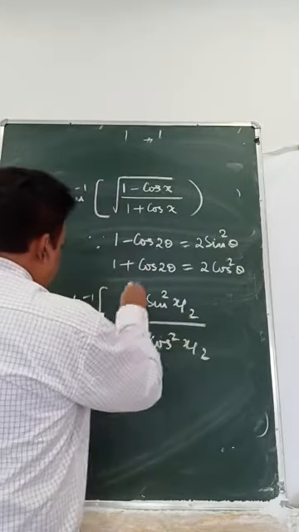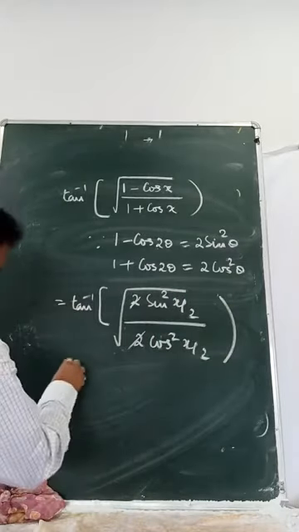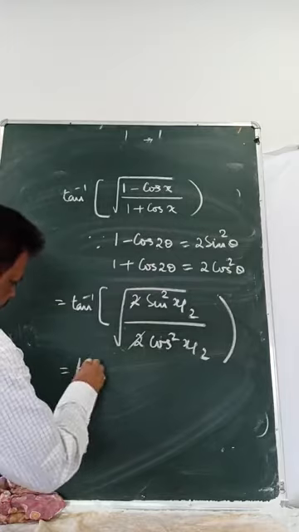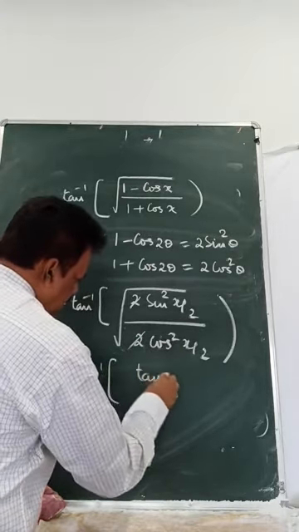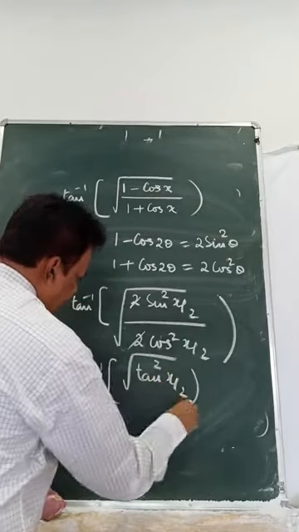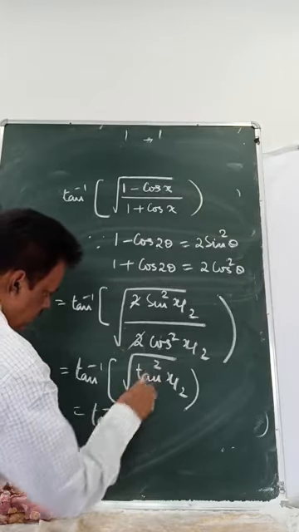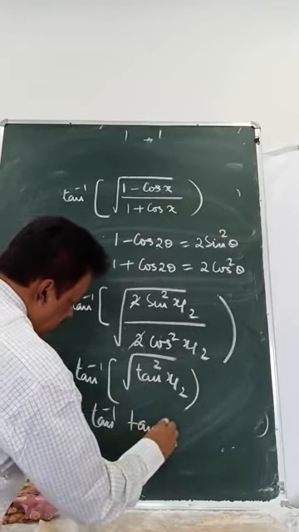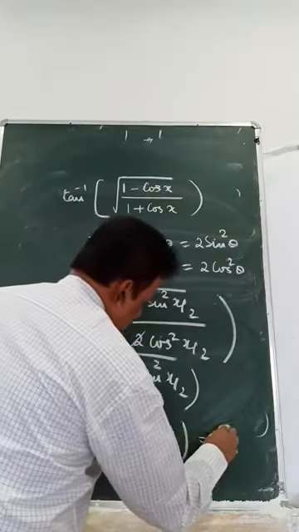The 2 cancelled. So sin square by cos square is tan square x by 2, under the root. Square root and square cancel, giving tan x by 2. So tan inverse tan cancel, it is x by 2.